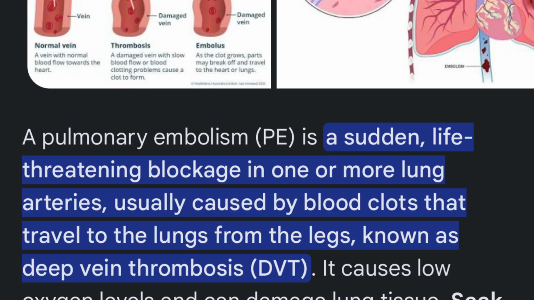DVT is deep vein thrombosis, and PE is pulmonary embolism. For the DVT and the PE, I uploaded a picture so that you can get a better understanding of what a PE and a DVT are.